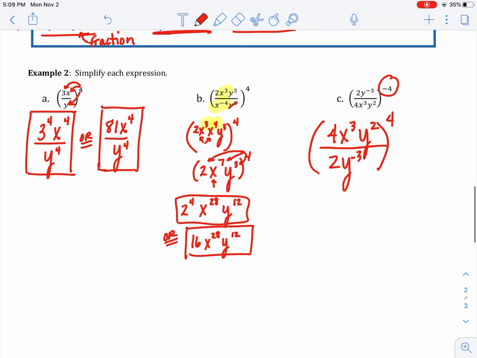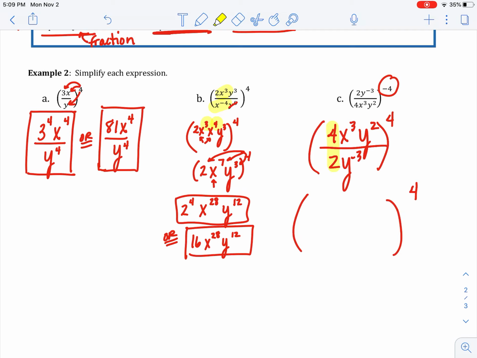Okay, now that I have a positive exponent, you might think I want to start distributing, but remember what I did in example 2b. I simplified the inside of that parenthesis first. So I'm going to rewrite the inside of that parenthesis with all positive exponents. And so, first of all, 4 over 2 is just a 2, right? If you take this 4 over 2, think about that.